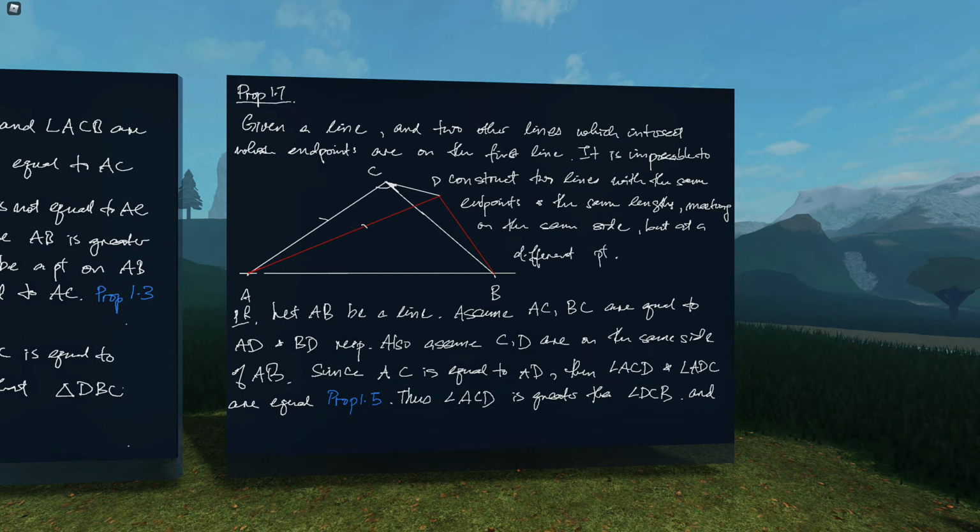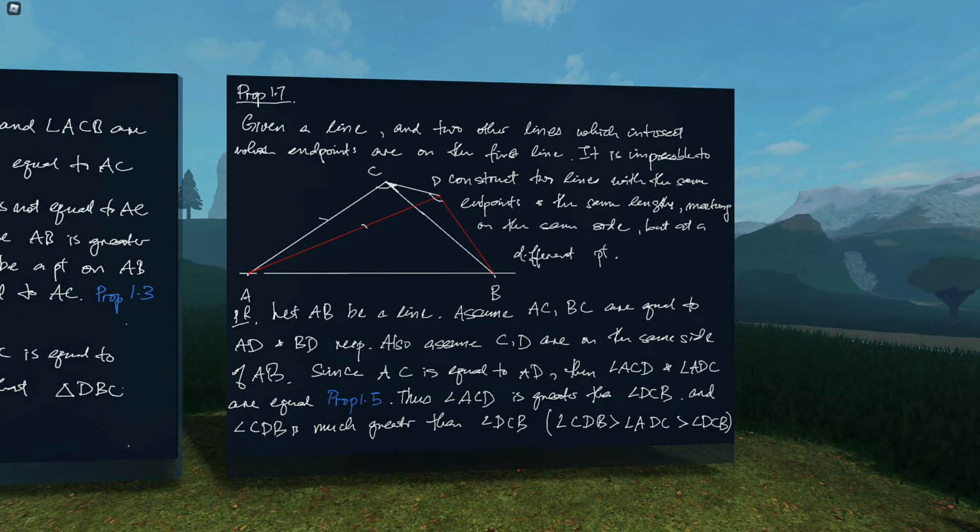So CDB is much greater than DCB. I'm going to use inequalities now to make this clear. So CDB is greater than ADC, which is greater than DCB. CDB is this angle here.